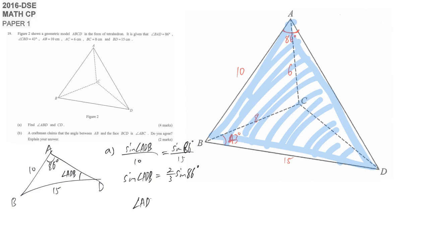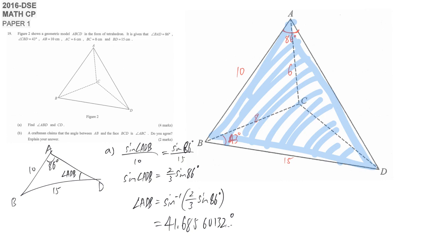Angle ADB is equal to shift sine of 2 over 3 sine 86 degrees. Then you use your calculator. We get 41.68560132. Because it's not the final answer, we write down more digits, and you should store it in your calculator.